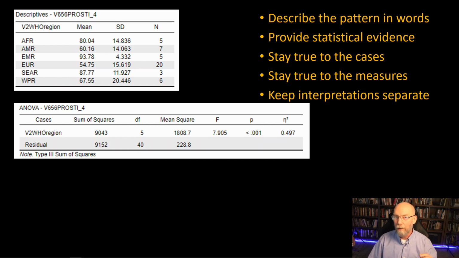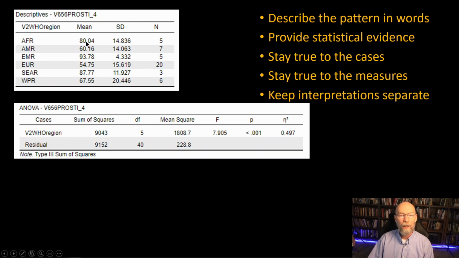Region is a variable, and people were surveyed, but the cases in the analysis are countries, and you have to stay true to the cases. Everything I talk about here, everything you would report here, you have to make sure your audience understands the cases were countries.